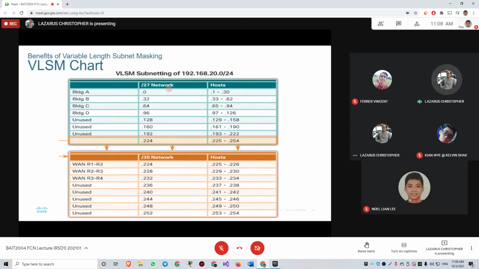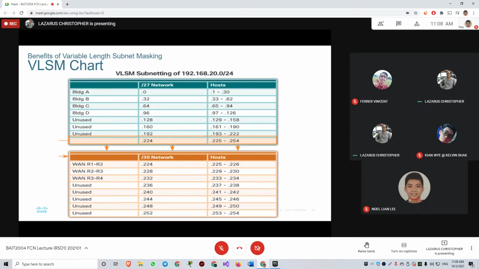Again, for the buildings, because you select the first subnet for building A and so on, A, B, C, D, you can also see the network address. So if building B's network address is .32, that means the previous address is the broadcast address for building A, which is .31. So the range of usable hosts is between .1 and .30.